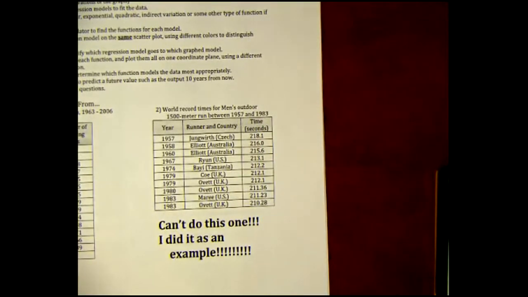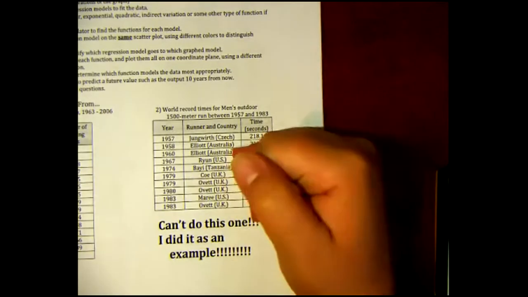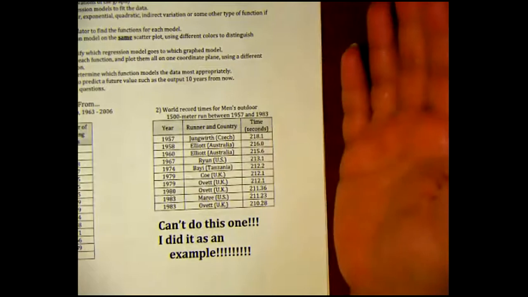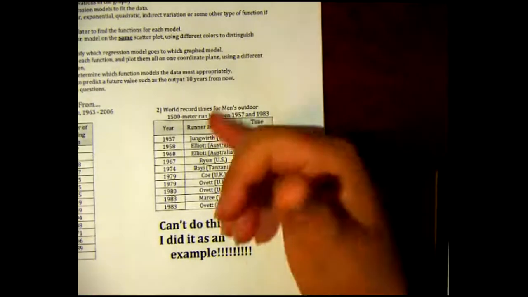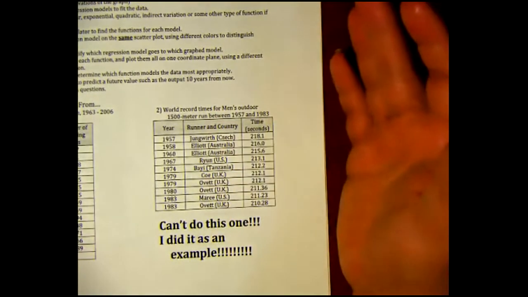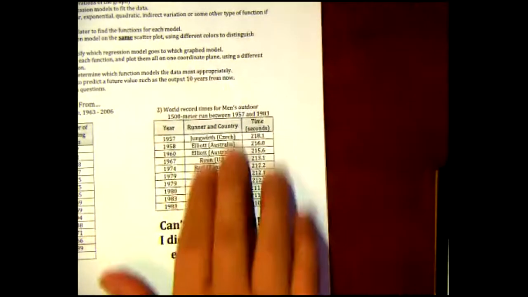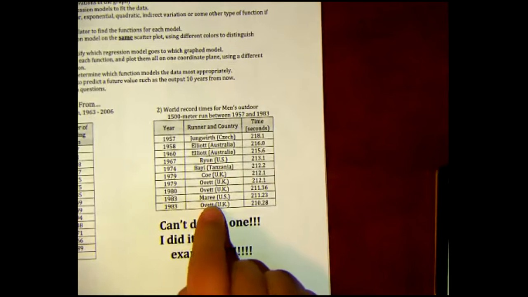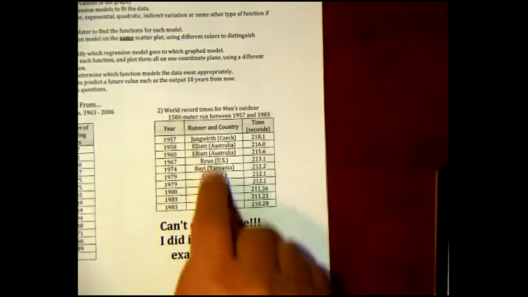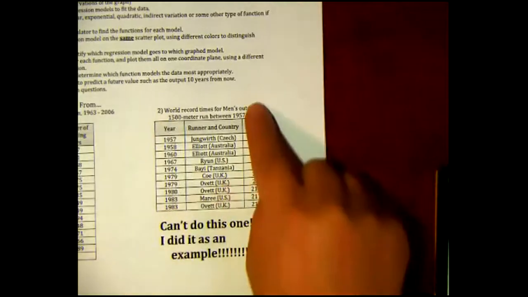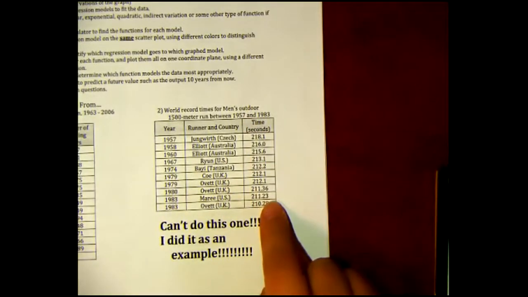Now, the runner and the country, it's not numerical, so I can't really use that as a variable for a regression model. The runner and the country, it's cool to know, but it's not really going to help me in my regression. So my 2 variables are going to be year and time in seconds, okay?